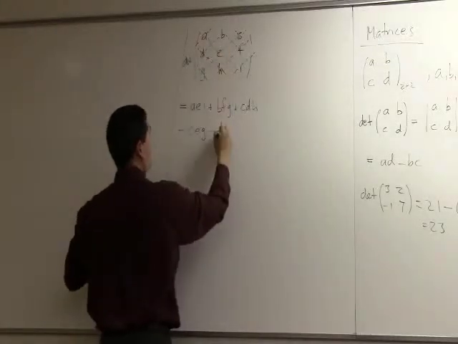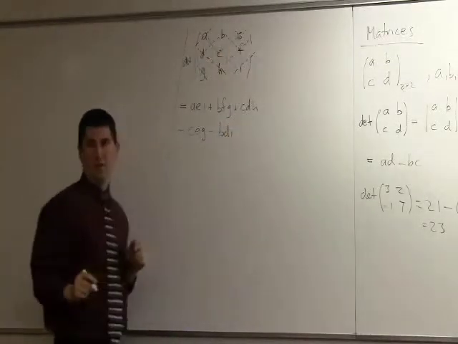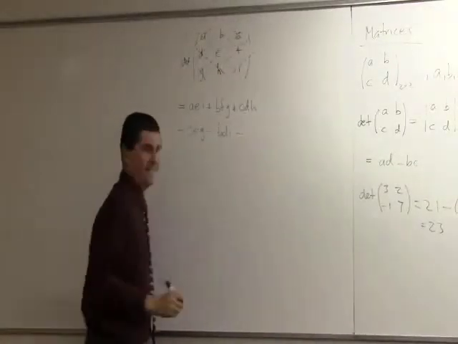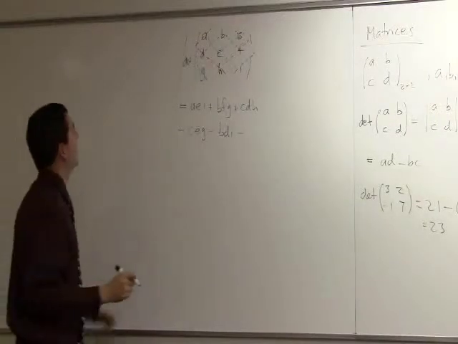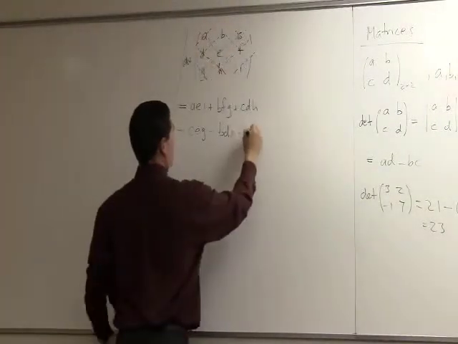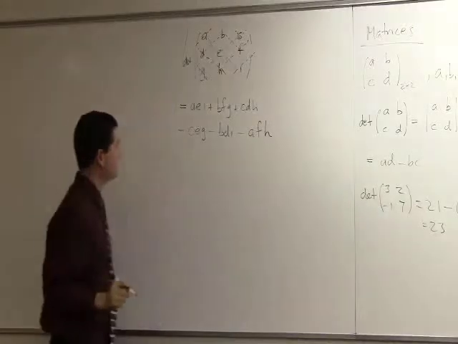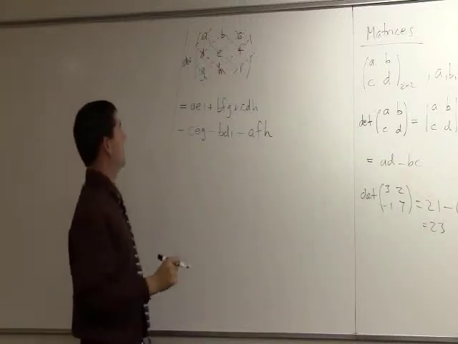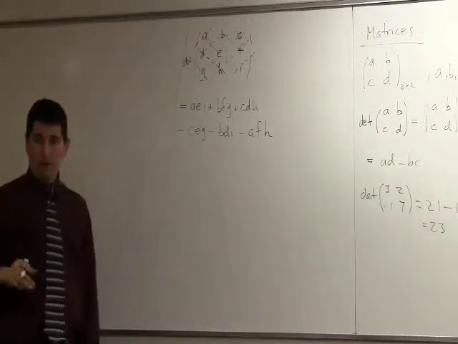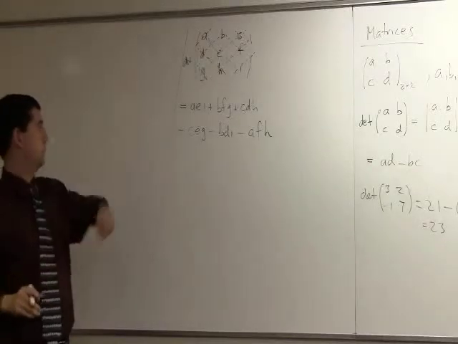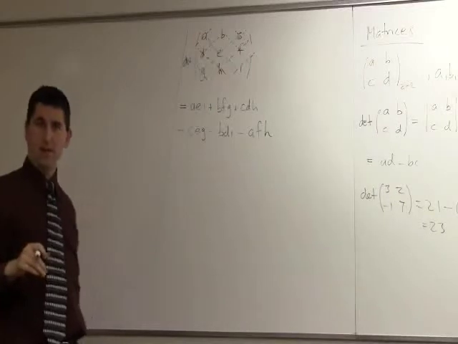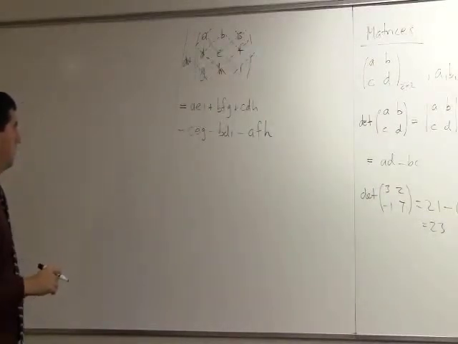Minus BDI. And then minus AFH. Okay. So you can compute it that way. You add the left to right, you subtract the right to left.